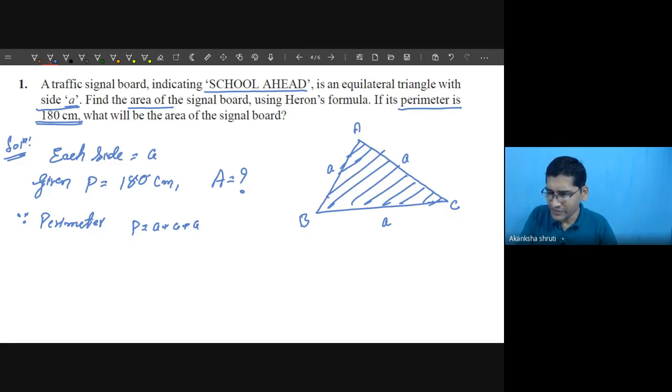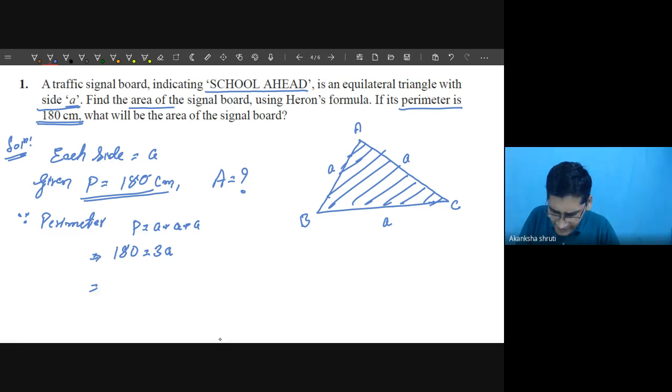This side length we have indicated. Now this perimeter is given as 180. So 180 equals adding this A, A, A on the right hand side: 3A. Ultimately, 180 divided by 3 is equal to A. A is our side length.